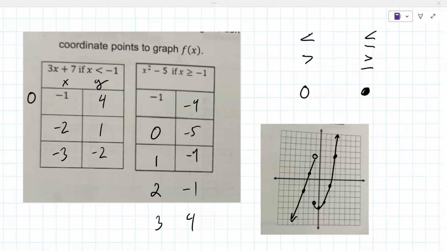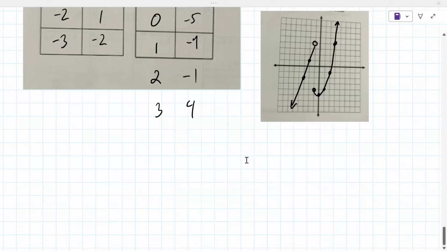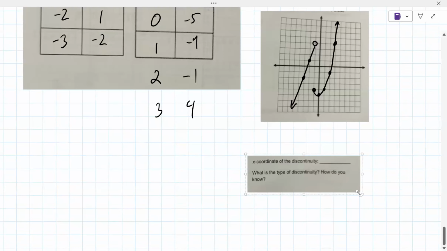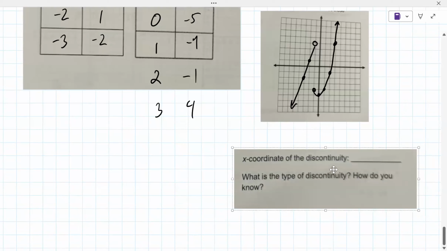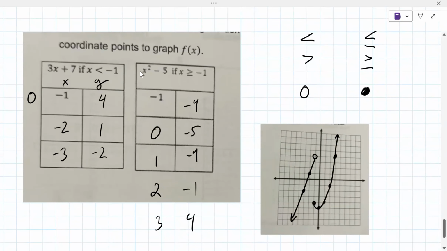Any questions on the graphing of that? No, I think I get it. All right, so the next thing here underneath this x-coordinate discontinuity, it's really a calculus thing. I don't know why your teacher's emphasizing this. It's out of scope, but they are. The x-coordinate is where there's this break between the pieces.